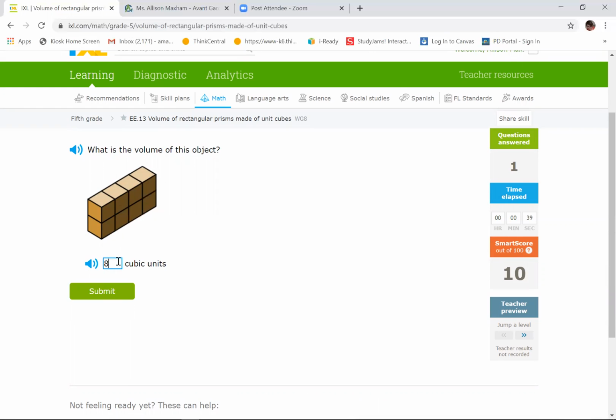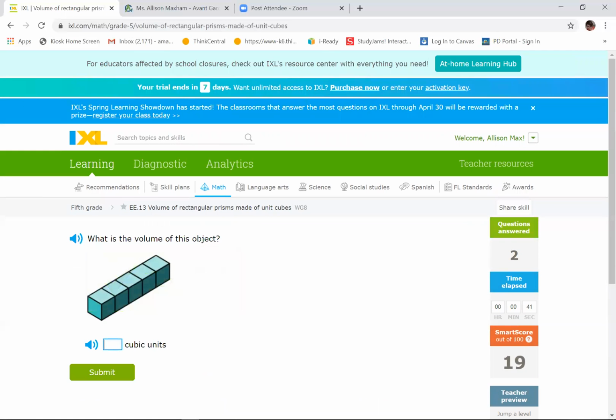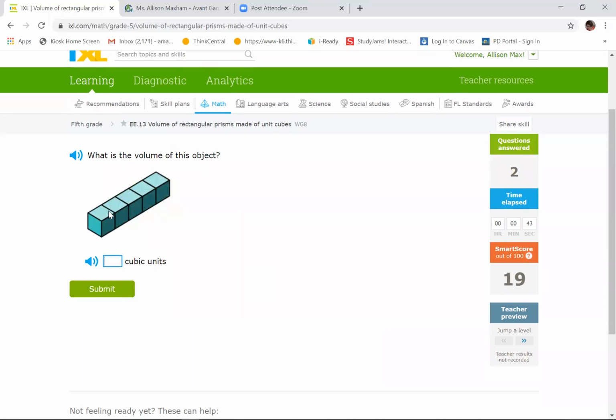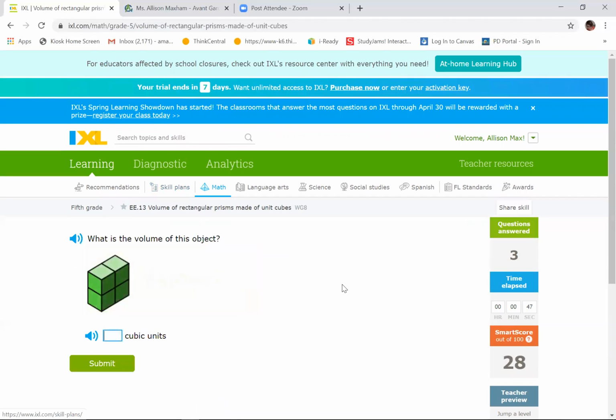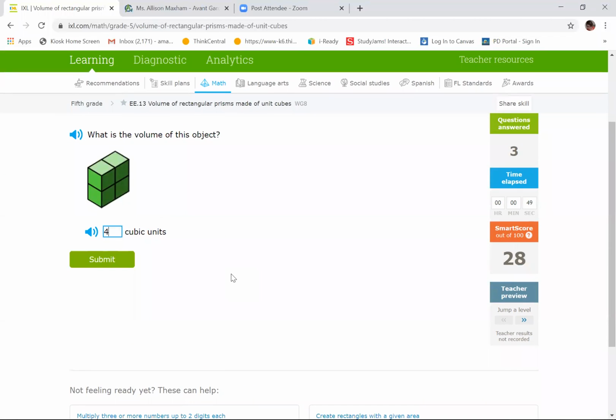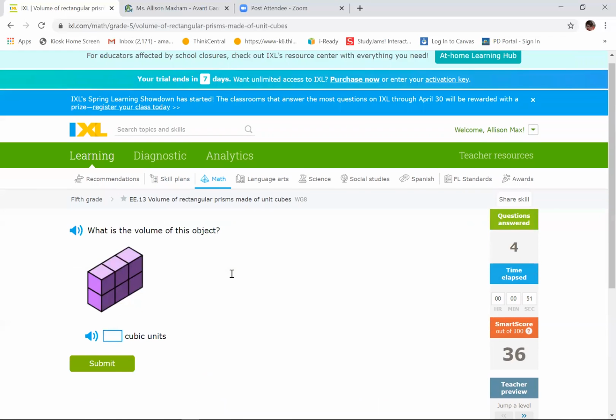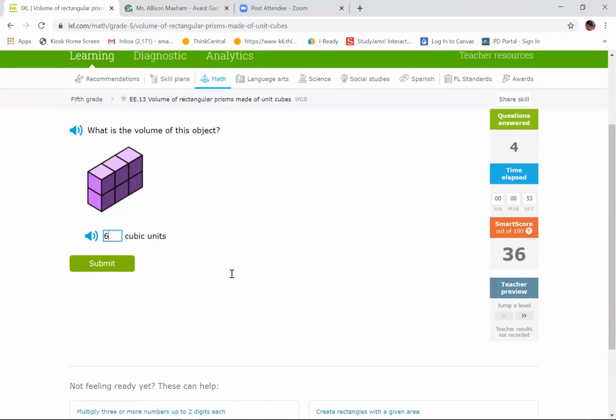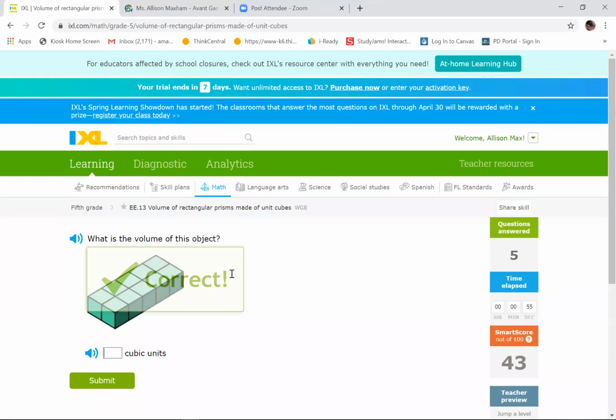There are 8 unit cubes. How about this one? 1, 2, 3, 4, 5. Very simple. But again, these are simple figures. And some of these you don't even need to count. You can clearly see what their numbers are, yes? Okay. Let's go back to another one. It's a little bit more challenging.